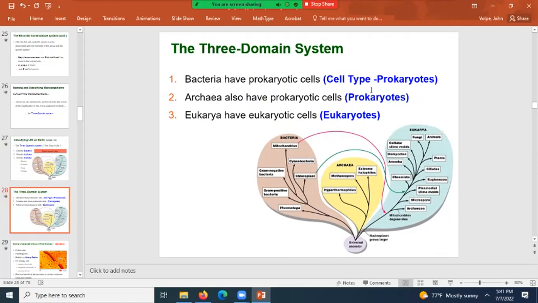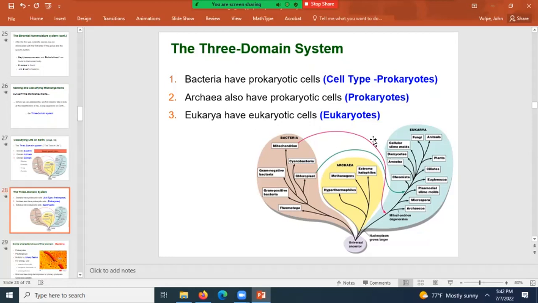So a prokaryote is a cell type, and the prokaryotic cell type is found in two domains, the bacteria as well as the domain archaea. And then the second cell type, eukaryotes, is found only in the domain eukarya, the eukaryotes.